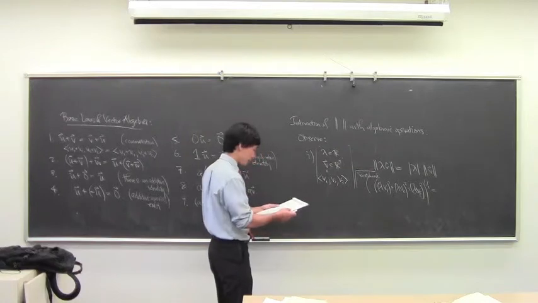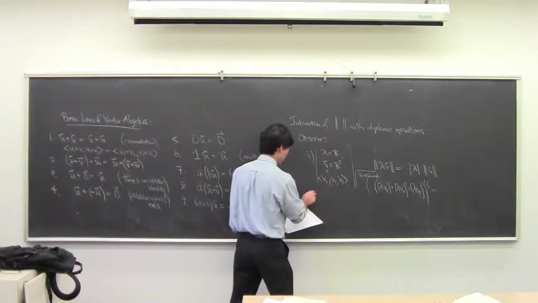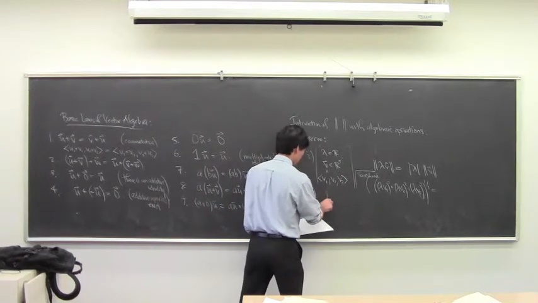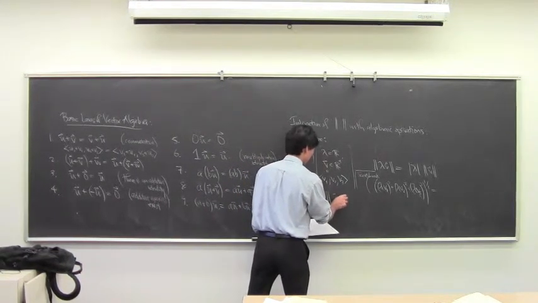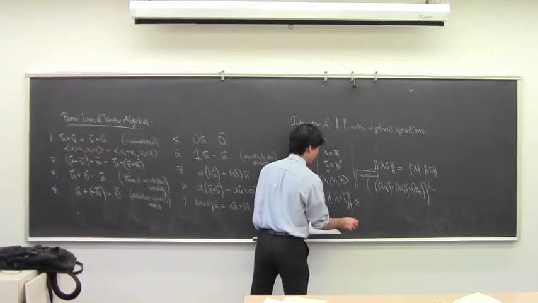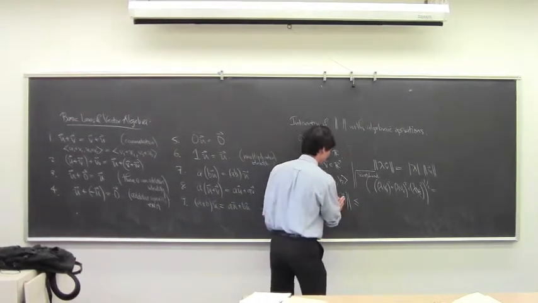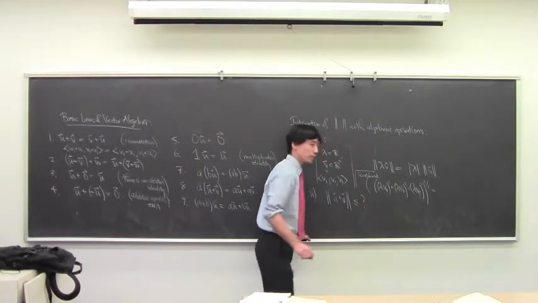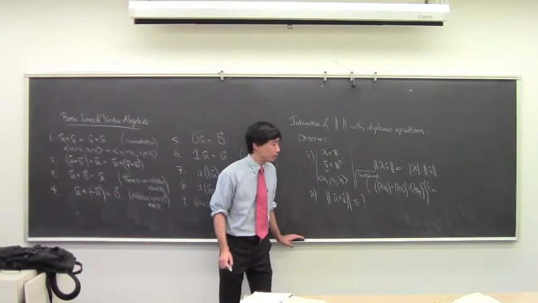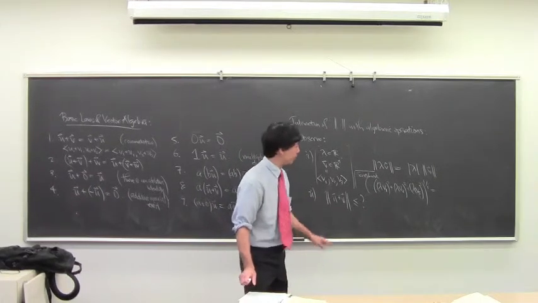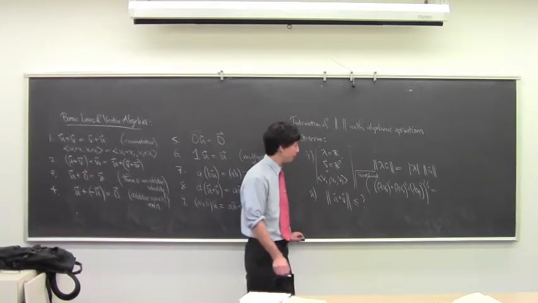Okay, so that's our first observation. The second one is a little bit vague. The magnitude of u plus v is less than or equal to what? This one is pretty vague. Is it less than or equal to u by itself?